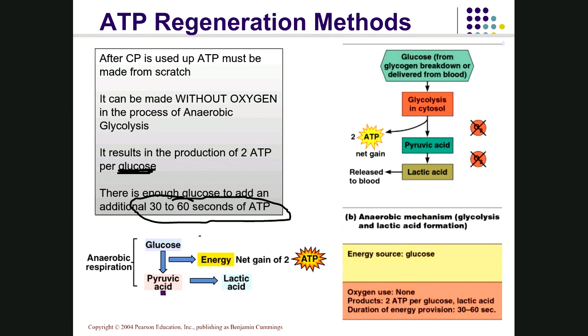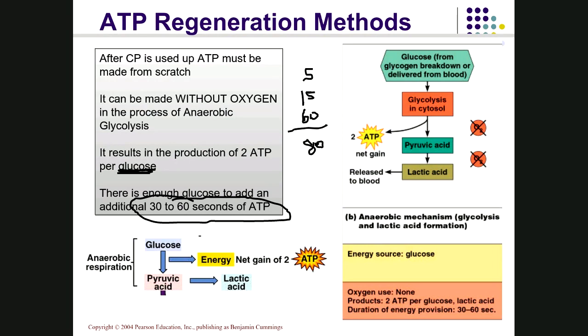So remember, we had 5 from free. We had 15 or so from storage. And now we have another, let's be generous and say 60. So now we're talking about 80 seconds worth of ATP. And if you think about what you can do in 80 seconds, you can do a really lot. You can run a long way in 80 seconds.